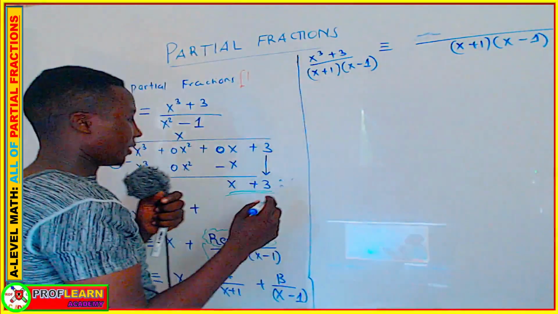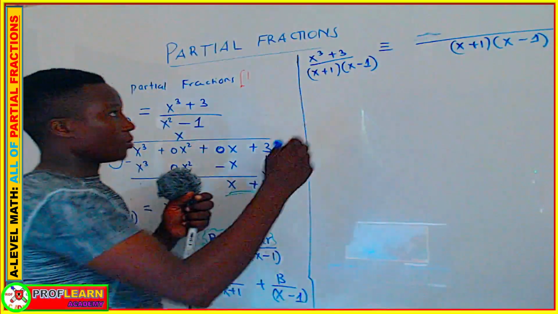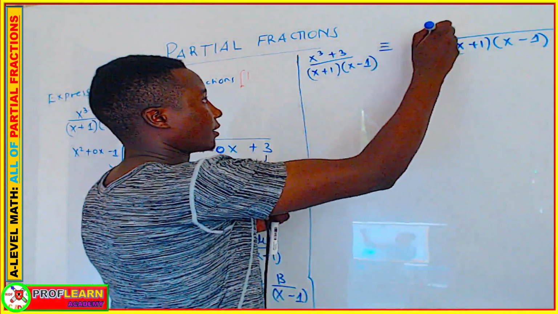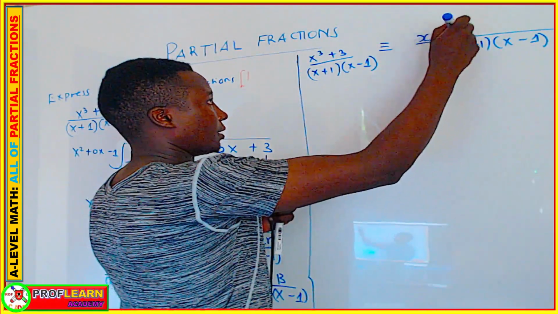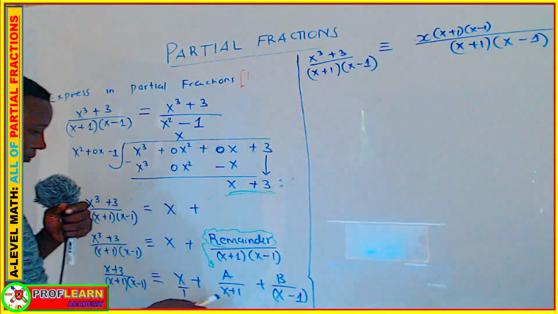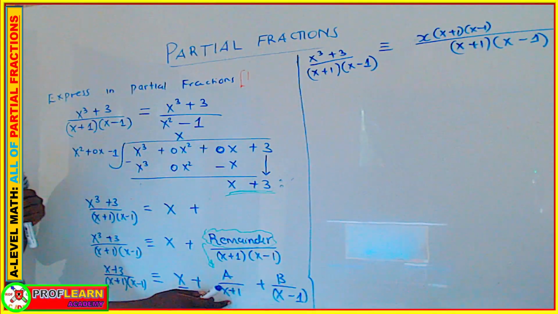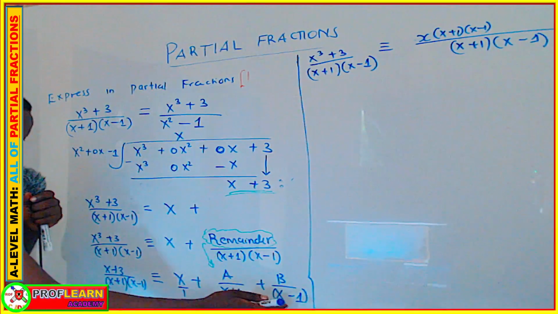So here is 1, meaning we are going to have x multiplied by the two terms, (x plus 1)(x minus 1).